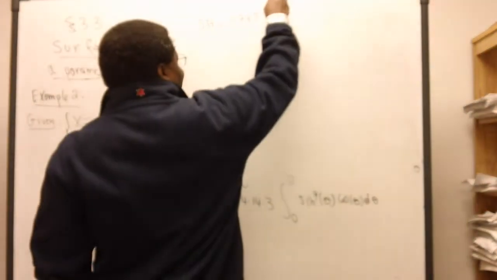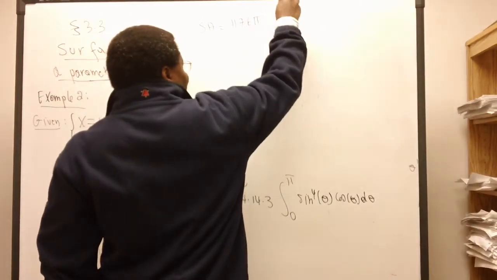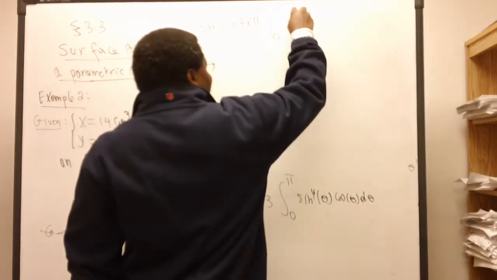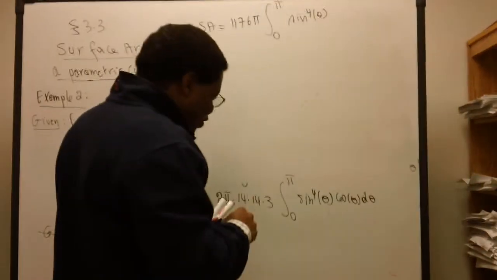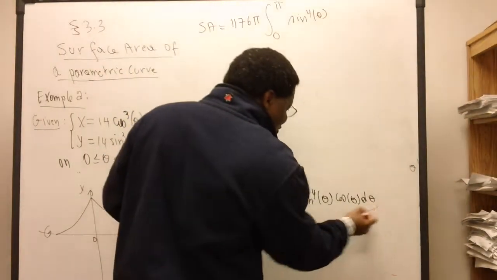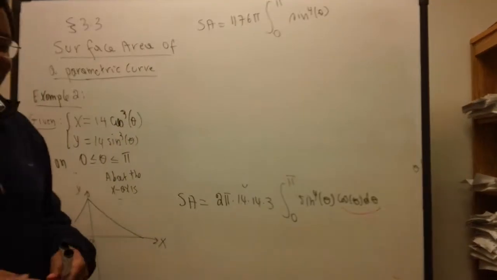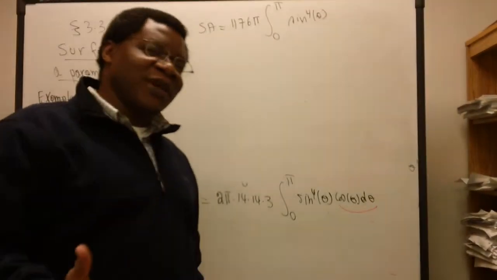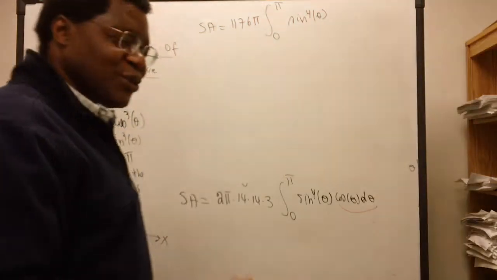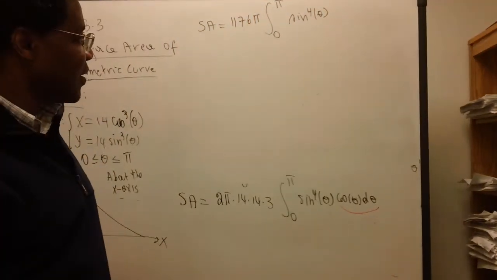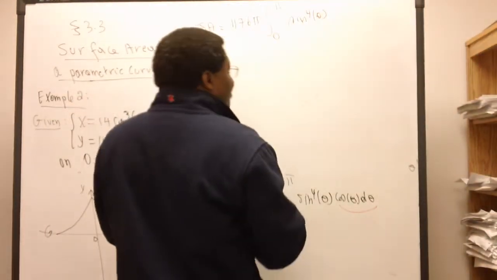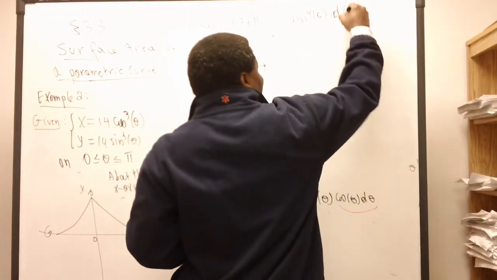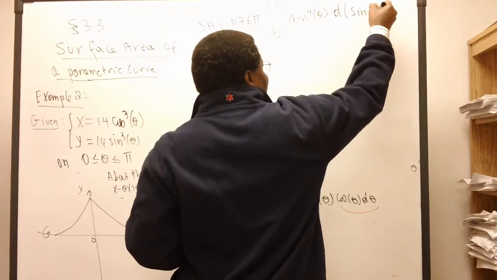Then I want to rewrite. So what I'm going to do is change this. I'm going to use U substitution. So instead of cosine theta d theta, I want to write it as the derivative of sine, because we know the derivative of sine is cosine. So instead of this, I can change this to d of sine theta.